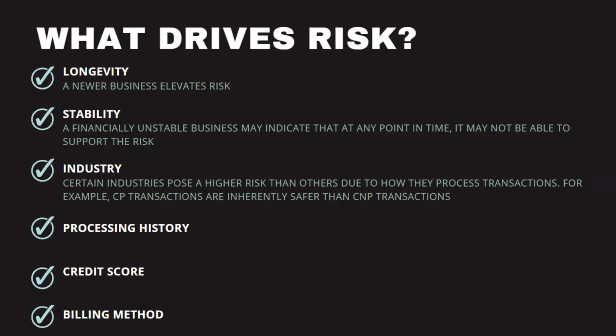Do they make payments on time? Are they in collections? Do they have established credit? Do they have an ID alert? How many recent inquiries? The answers to all those questions affect our judgment on whether or not the business can support the risk. And lastly, billing method. If the merchant has recurring billing, they need to be mindful to turn it off when a customer cancels. Otherwise, chargebacks may occur.